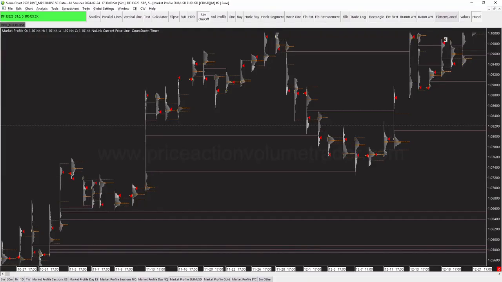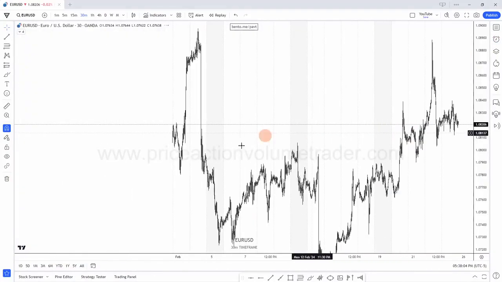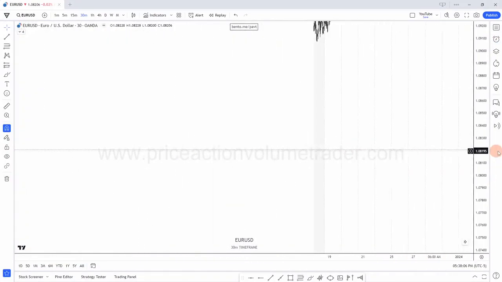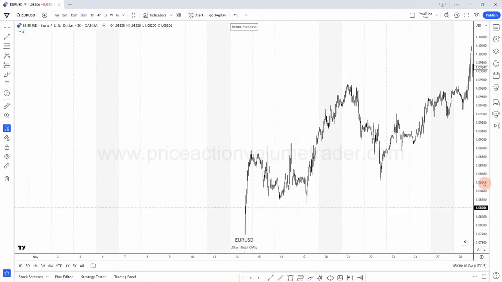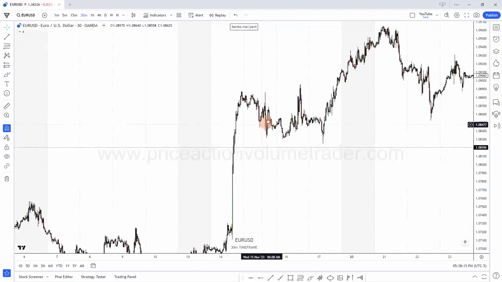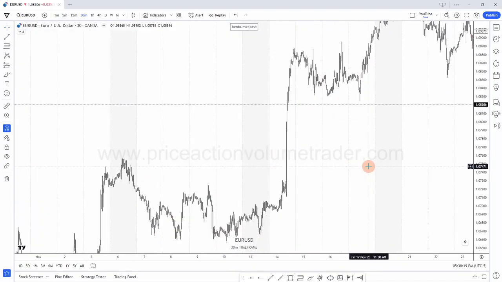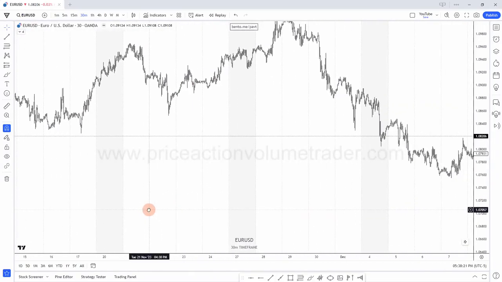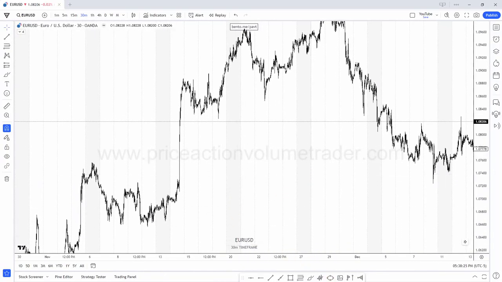Like this was on November 13th. So if I go here under Euro US dollar, and I go back to November 13th, you can see that it is right over here. We had this impulsive break here that left those singles.